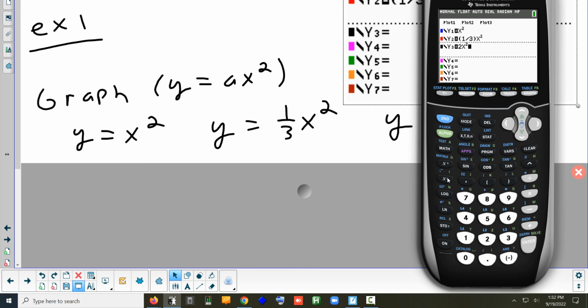I did Zoom 6, so I don't need to do it again. It's fine. We'll just leave it like that. Let's hit graph. So first you'll see that's the original. Now let's look at what the 1/3 does. There's the 1/3, and now you're going to see the 2x squared.